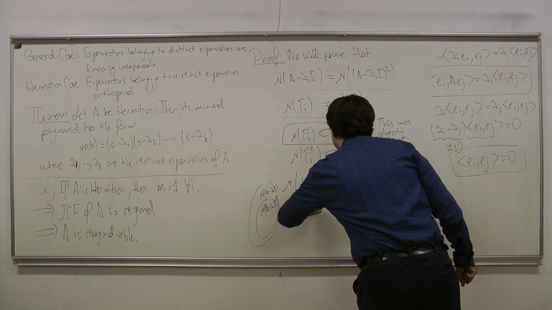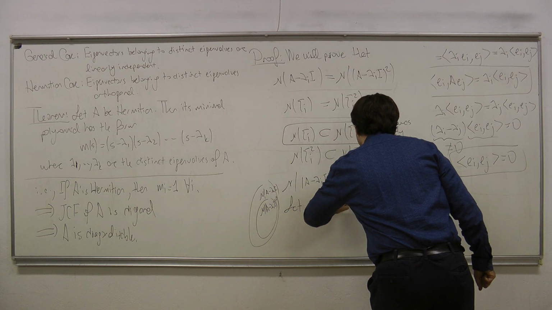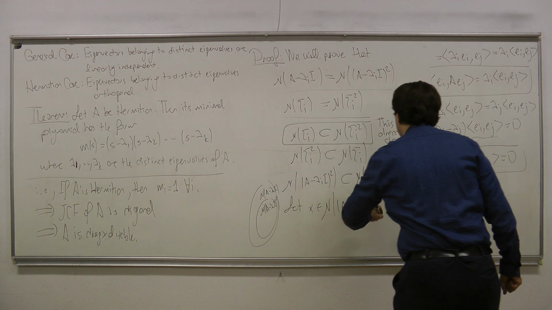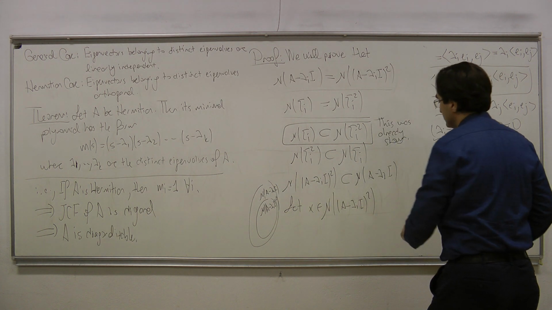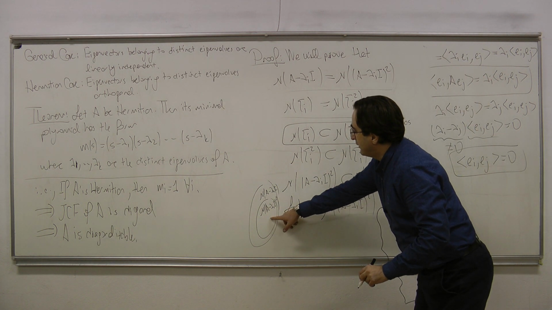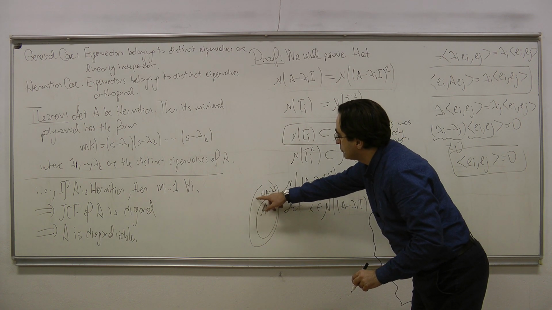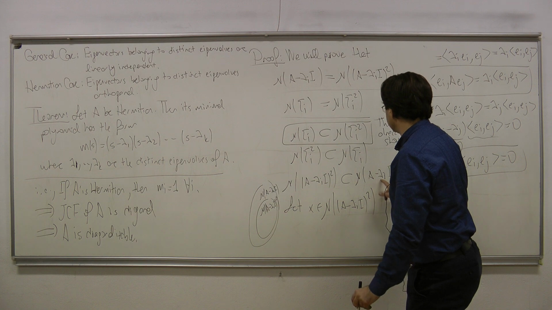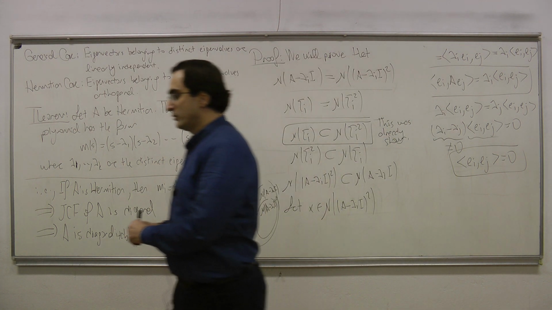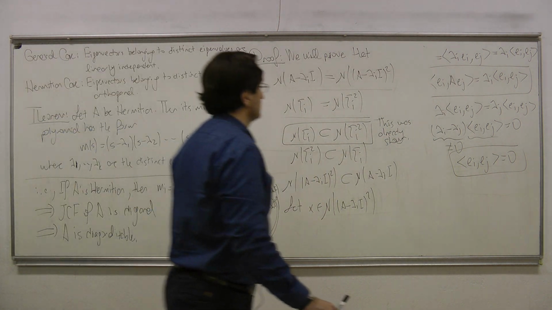Let X be an element of null space of (A minus lambda I identity) square. Okay? And after taking an arbitrary element from here, I will show that it is also an element of this larger or equal space.